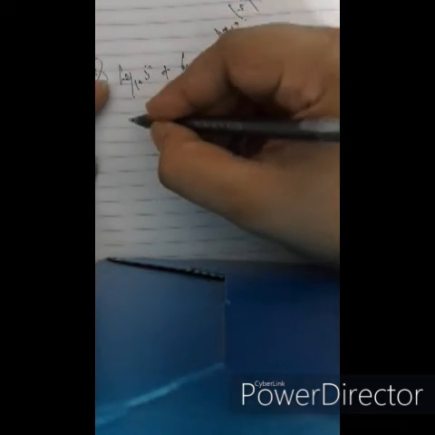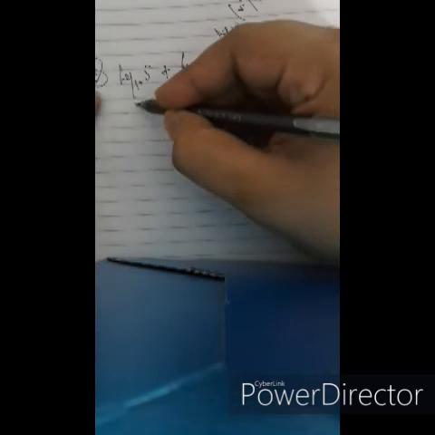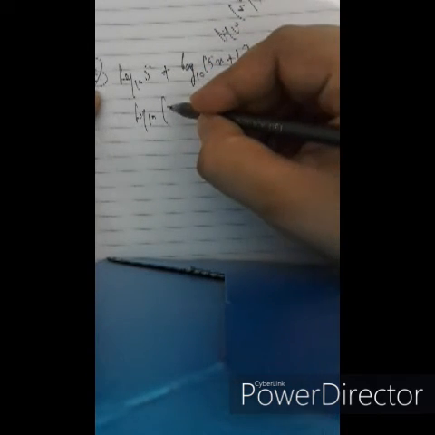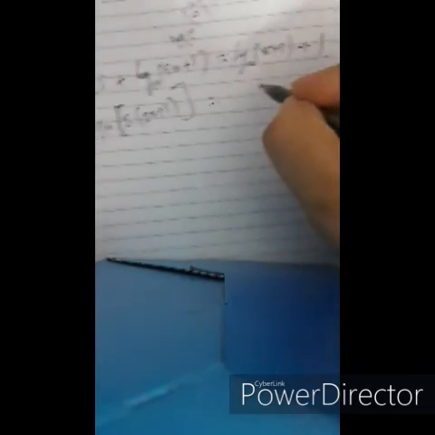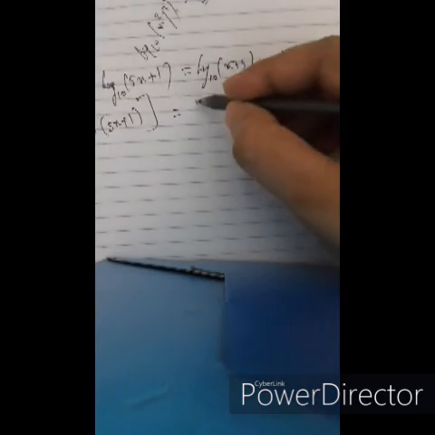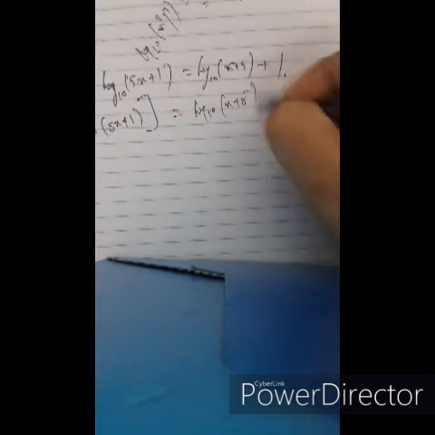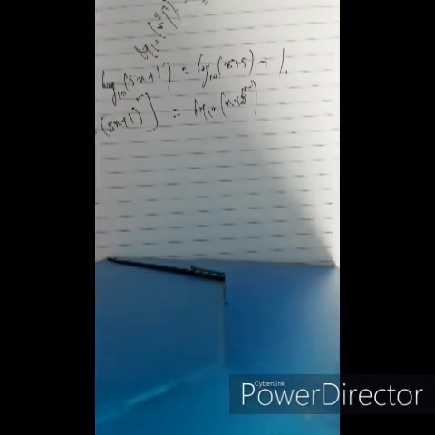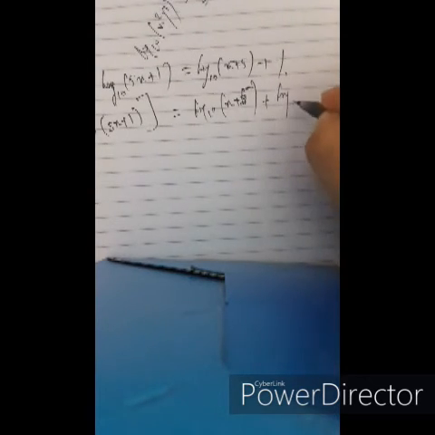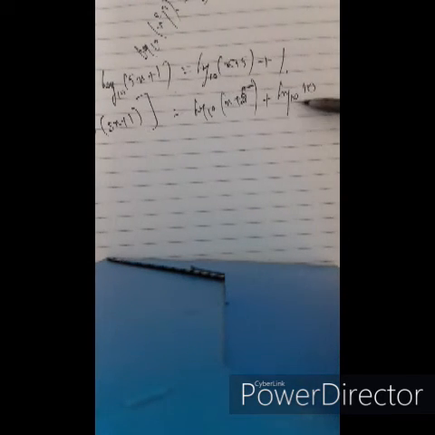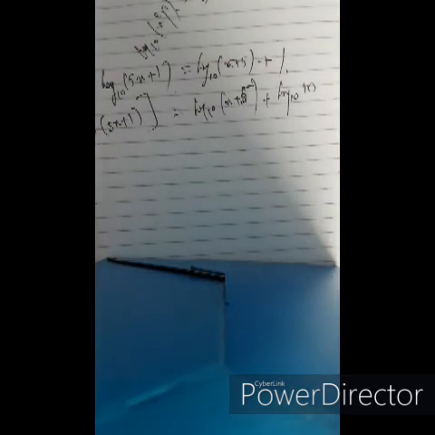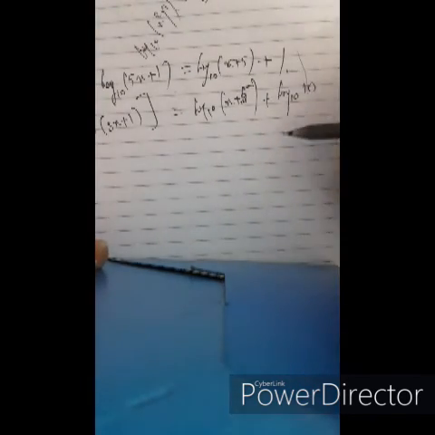Log 5 to the base 10 plus log 10 5x plus 1 can be written as, according to formula, log base 10 5 into 5x plus 1, and the right hand side becomes log 10 x plus 5, and 1 can be written as log 10 to the base 10. Log 10 to the base 10 is equal to 1. Always remember, log 1 equals 0 and log 10 to the base 10 becomes equal to 1. So 1 can be written like that.